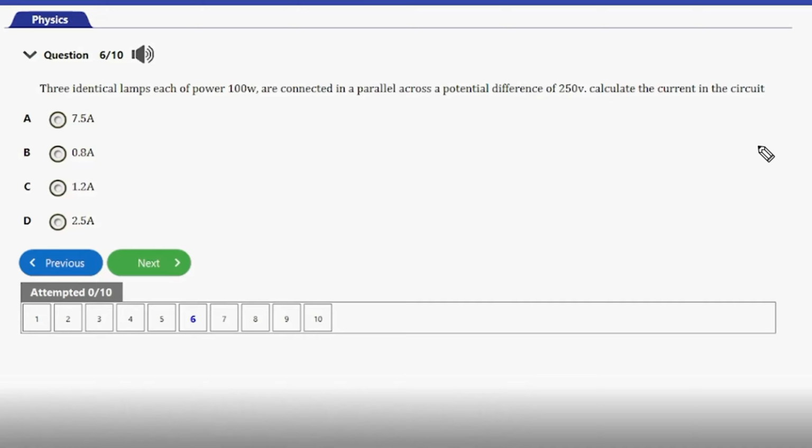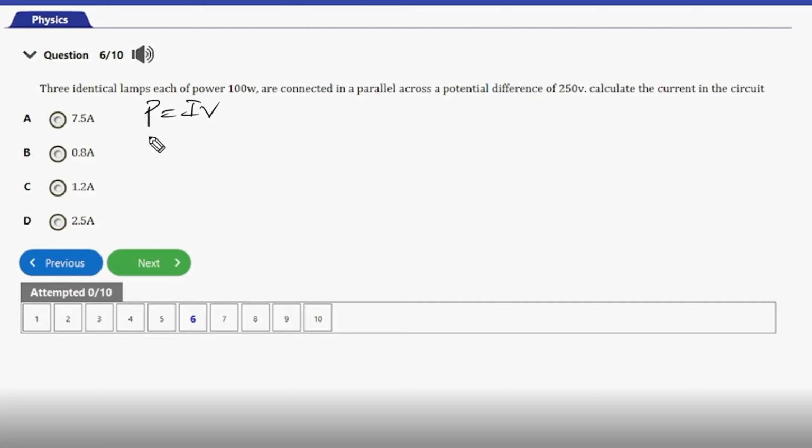Question number 6 here says, 3 identical lamps, each of power 100 watts, are connected in parallel across a potential difference of 250 volts. Calculate the current in the circuit. So guys, let's recall that power is equal to current times voltage, or voltage times current anyway.